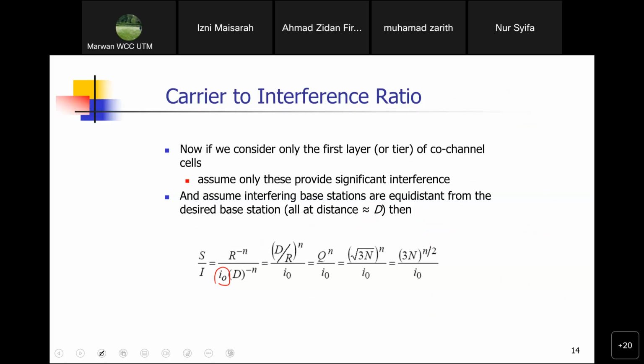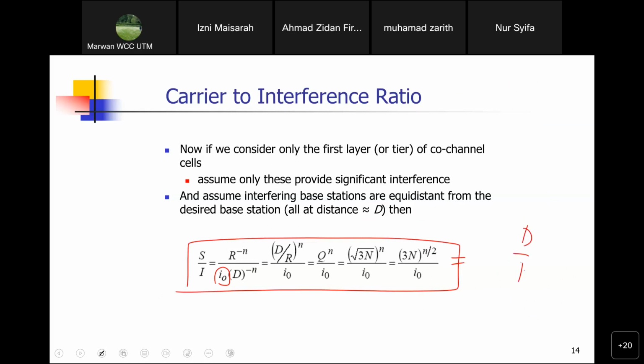If you get back, these are the equations for the co-channel interference for the entire network. It depends on D divided by R, and then 1 divided by how many interferers.